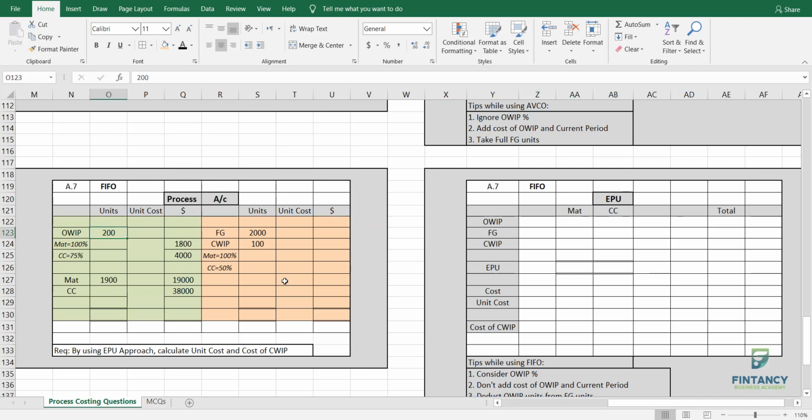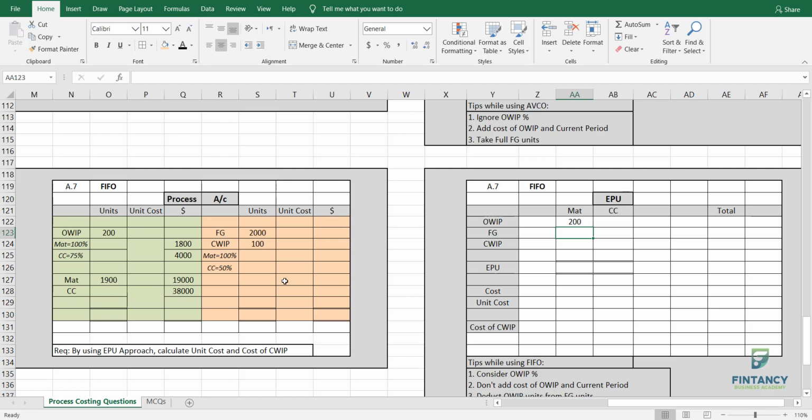They are saying 200 units are there in the opening, which are 100% complete as per material. The biggest mistake you will make is to write 200 here. Please don't make this mistake, because these were completed in the last month.